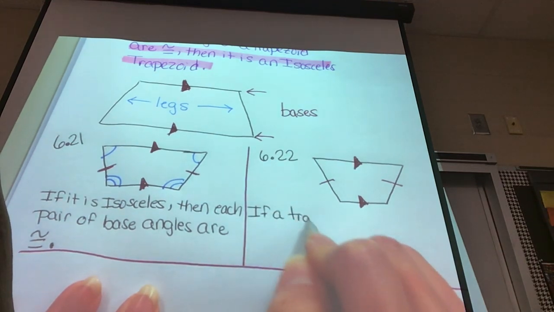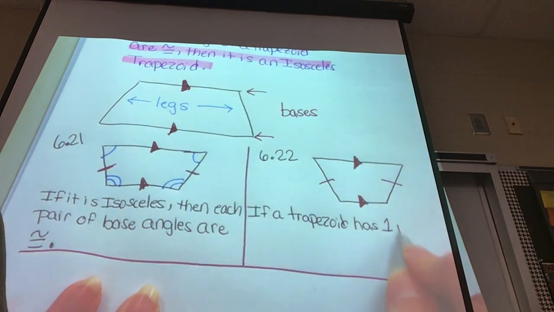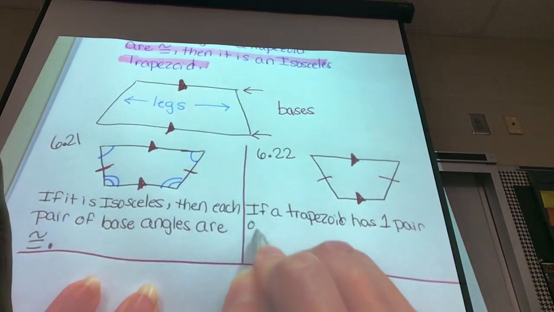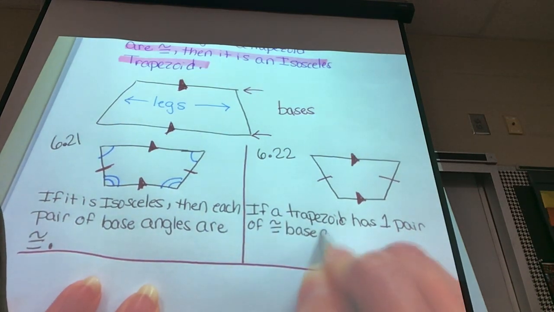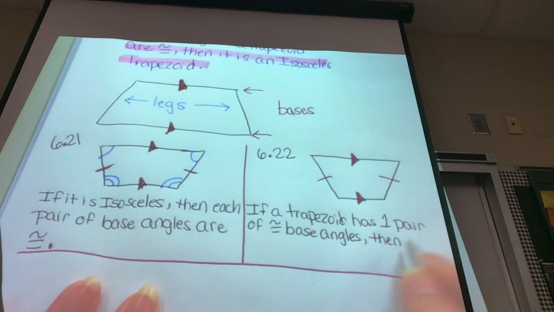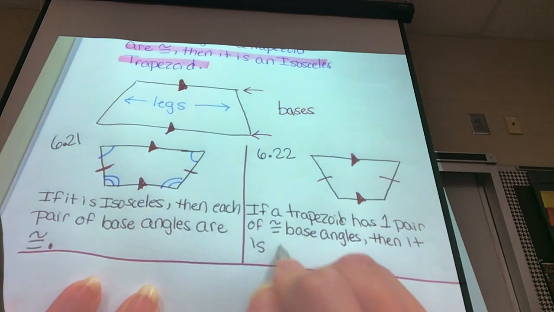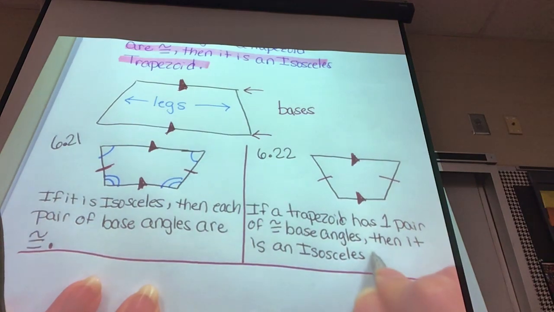If a trapezoid has one pair of congruent base angles, then it is an isosceles trapezoid.